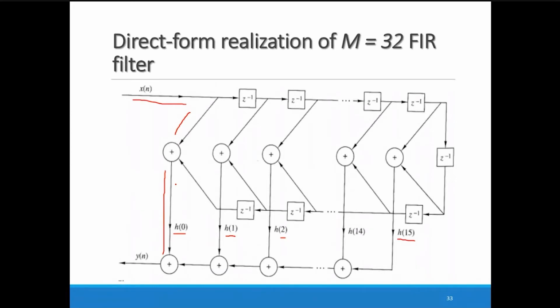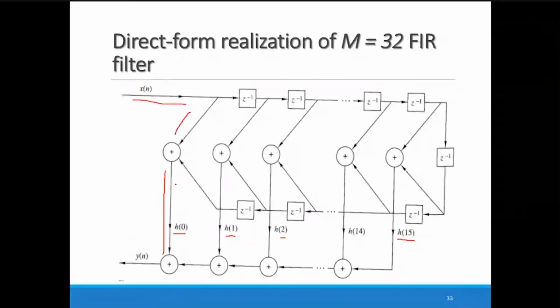You implement h0 to h15 only, but this will give you the output for M equal to 32, as the coefficients h0 to h15 will give the same values as h16 to h31.